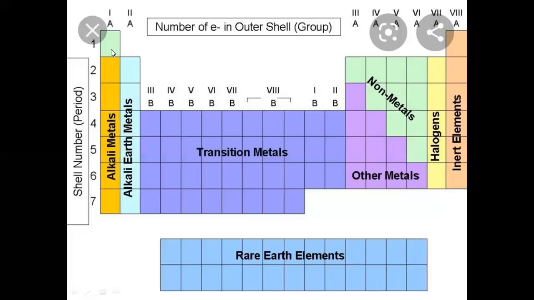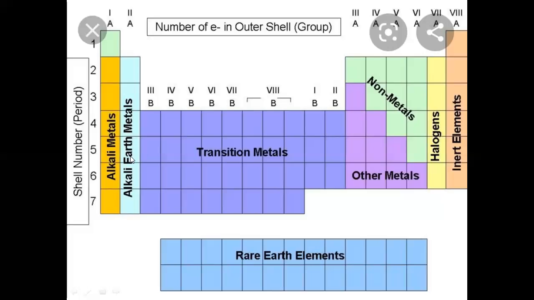The first group has a specific name, alkali metals. And I told you why they are called alkali metals. They are called alkali metals because the oxides and hydroxides of this first group elements form alkalis, or bases, or hydroxides when they react with water.